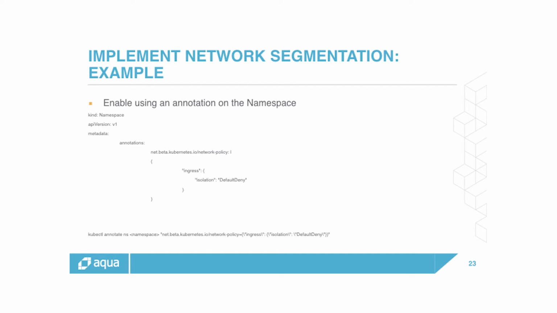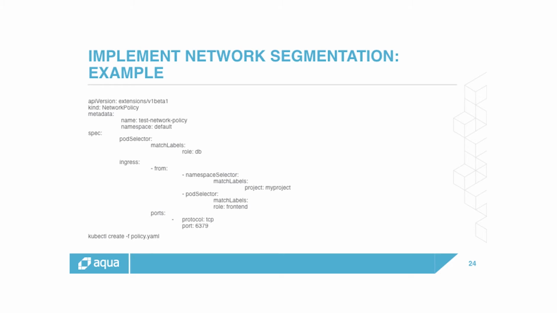This is enabled by annotating the namespace, saying that in this namespace, network policy is allowed. And in this case, the default is deny, meaning anything which is not allowed will be denied. And this is an example of the policy. Can you see it? Cool.